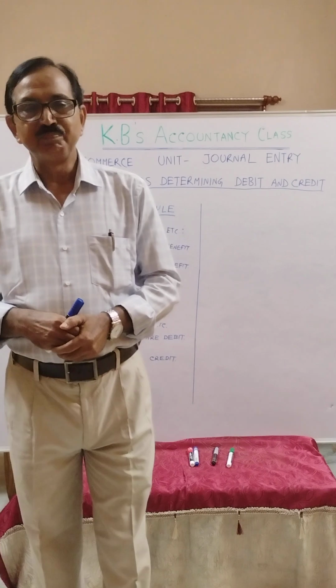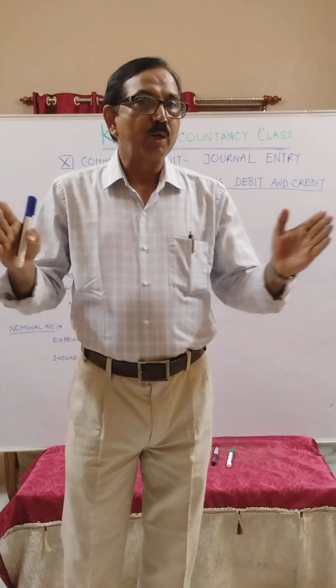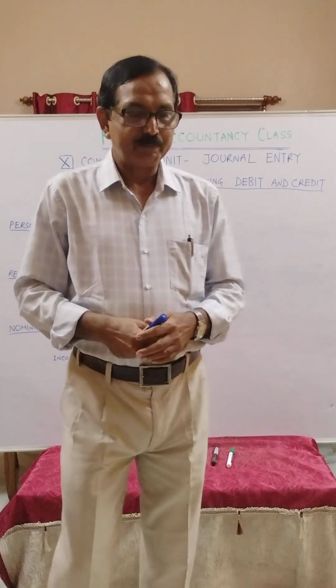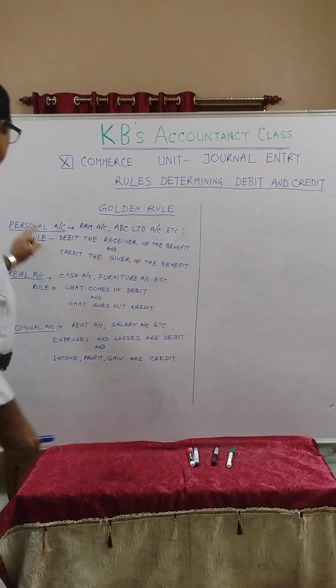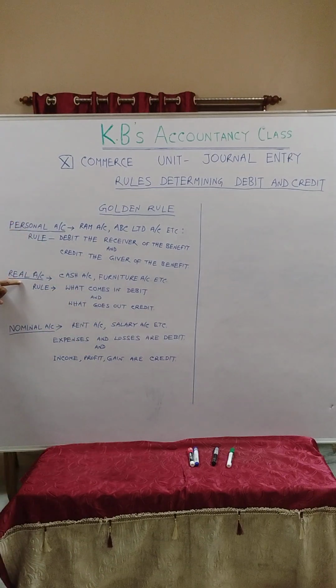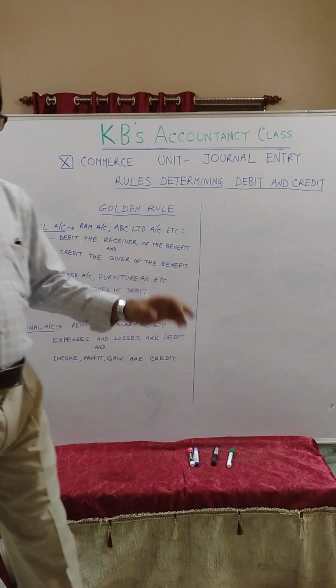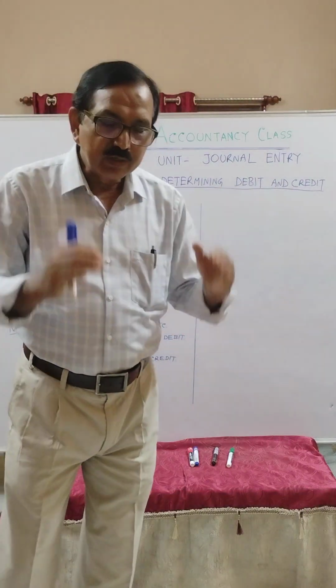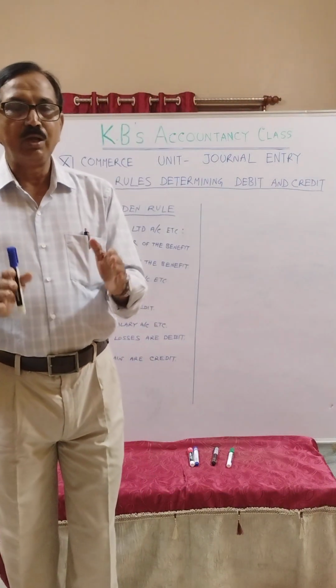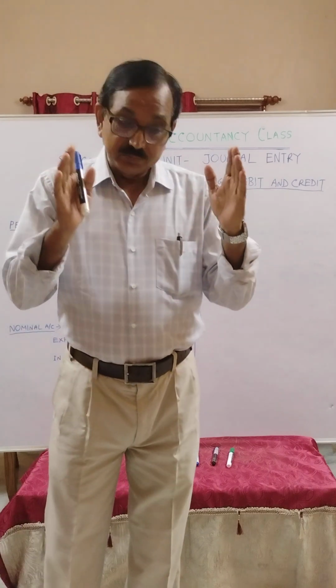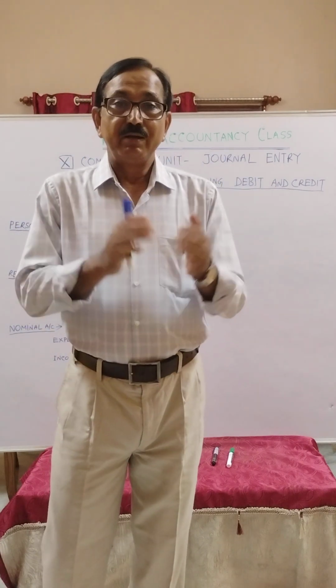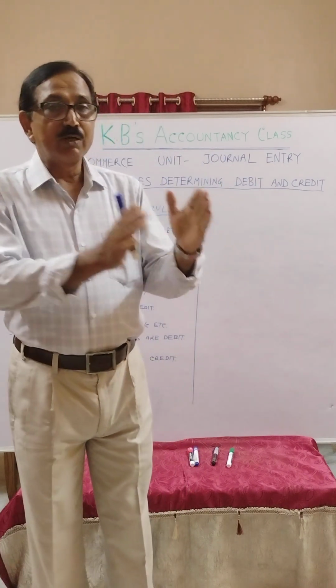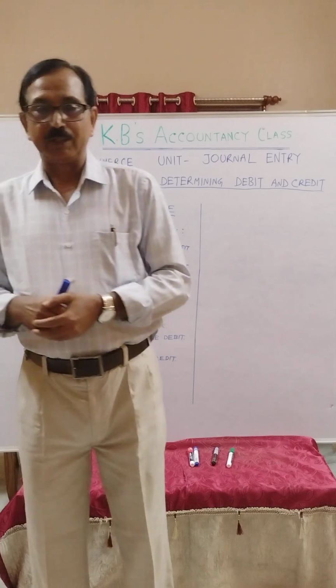In the golden rule, three types of accounts are recognized: personal account, real account and nominal account. That means whenever a transaction comes to me, first of all I have to classify the accounts as personal, real or nominal.